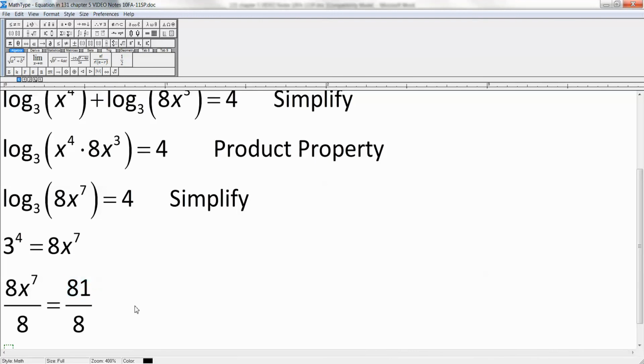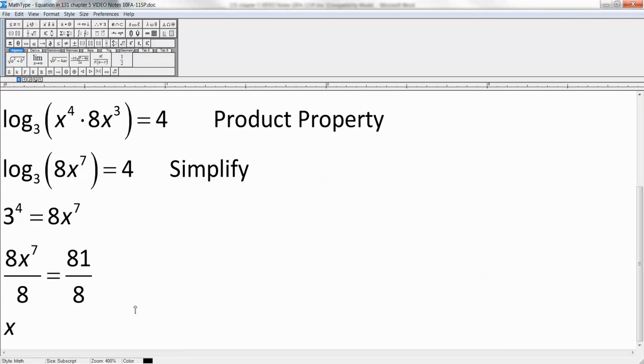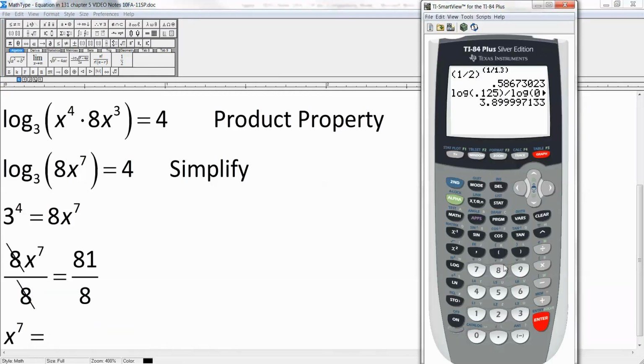So that leaves us x to the 7, because on the left the 8s are going to go away. 8 over 8 makes 1, so that's gone. Equals 81 over 8. Let me grab a calculator. 81 divided by 8 is 10.125.